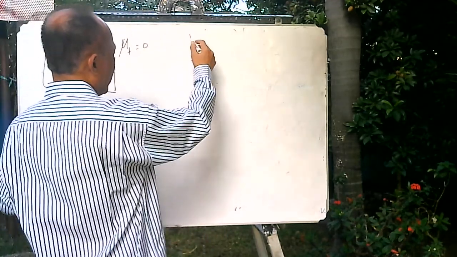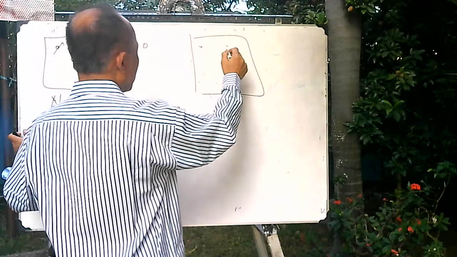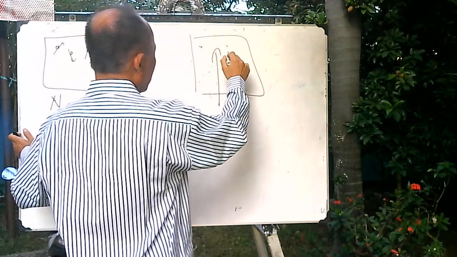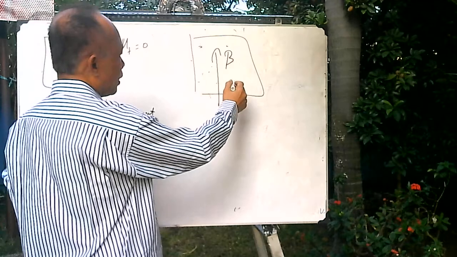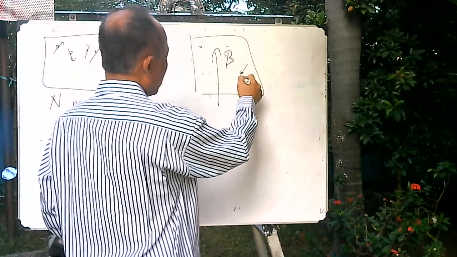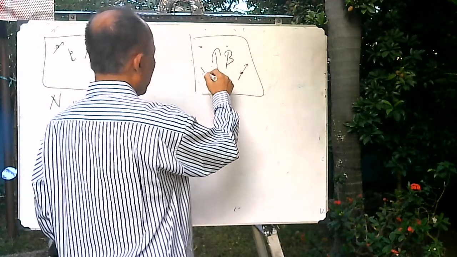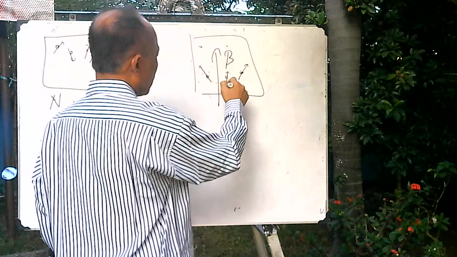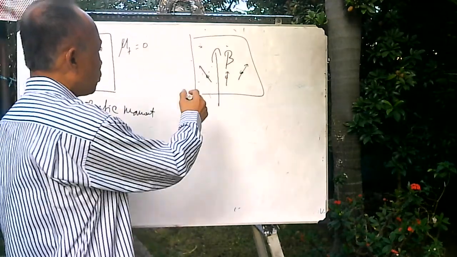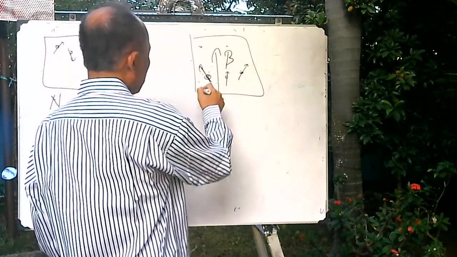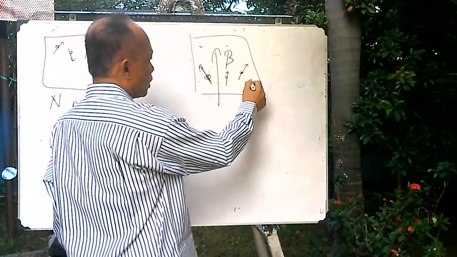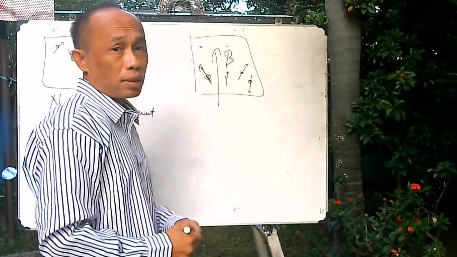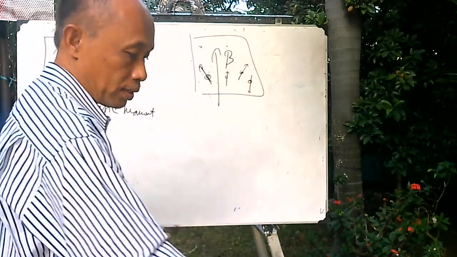Now, if we apply the magnetic field in this assembly, suppose in the vertical upward direction, then the magnetic moments inside the assembly will adjust their direction so that a large fraction, most of the magnetic moments, will be directed parallel to the magnetic field, and a small amount will be directed opposite to the magnetic field.